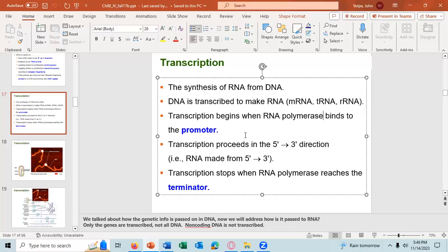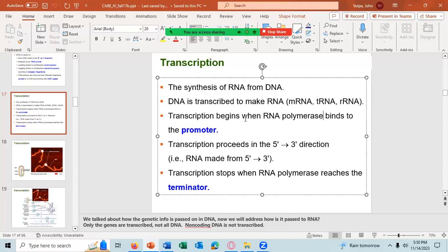I'm not going to say it for this one, it should be obvious because I've already stated it. So you guys should think about that because you'll probably get a question on that, either on the quiz or the final. And that is, what part of DNA is transcribed?